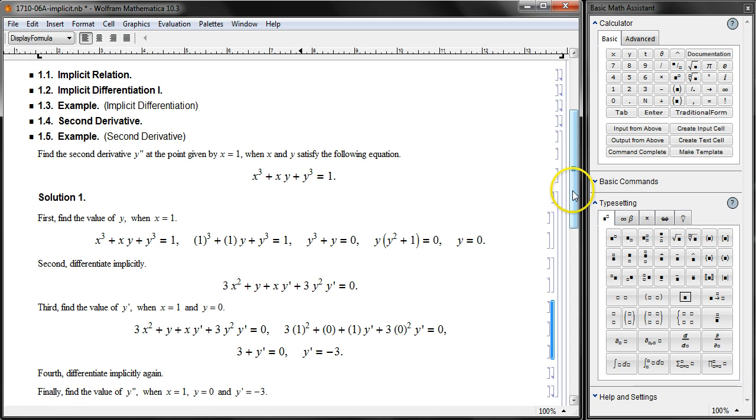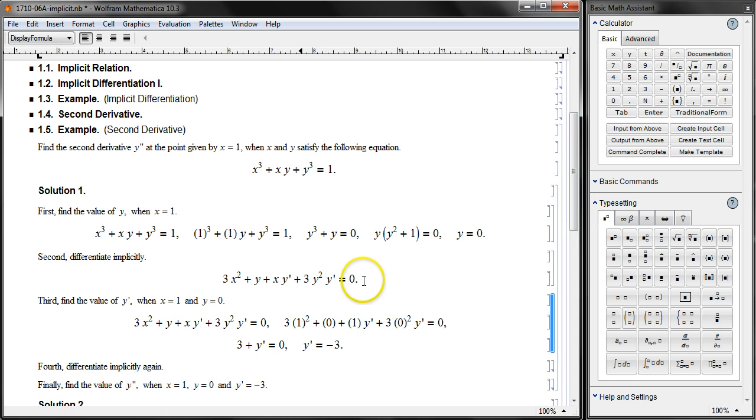Plugging in all those values, x equal to 1, y equal to 0, and simplified. Because of this 0, our problem became very, very simple. This part didn't do anything, just went away. And then we have 3 plus y prime equal to 0, y prime equal to negative 3.